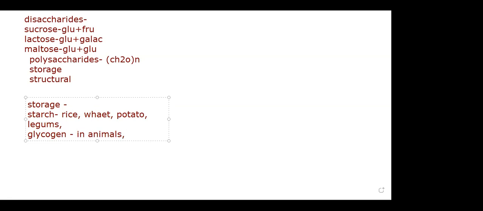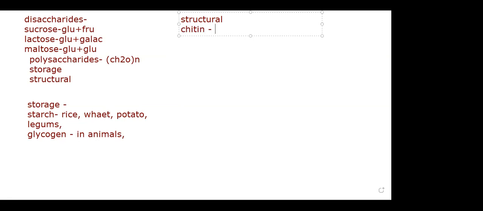Okay, storing carbohydrates in the form of polysaccharides has two advantages: they can be broken down at any time and they can be reformed. In polysaccharides, the right end is a reducing end and the left end is a non-reducing end. Next come the structural polysaccharides. Under structural polysaccharides, we have chitin.